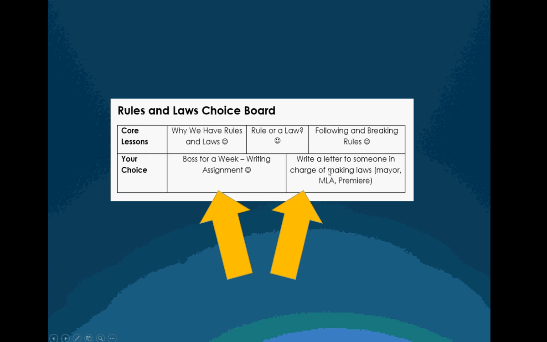The other one is writing a letter to someone in charge of making laws, like a mayor, an MLA, which is a member of the Legislative Assembly, a member of our provincial government, or to the Premier. Make sure that you come and talk to your teacher and get that information.